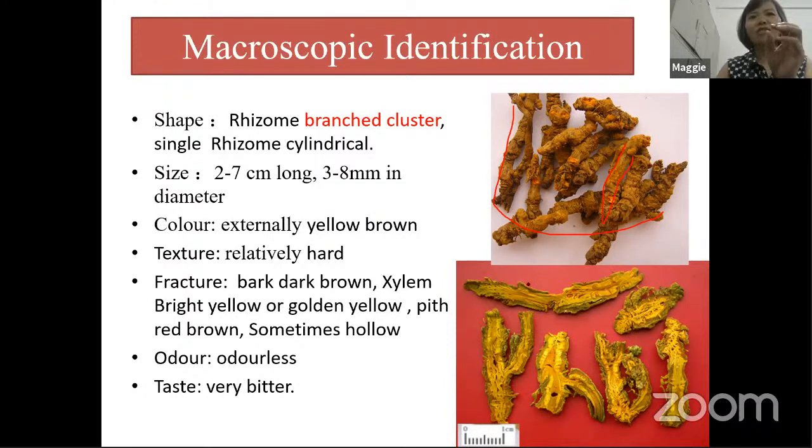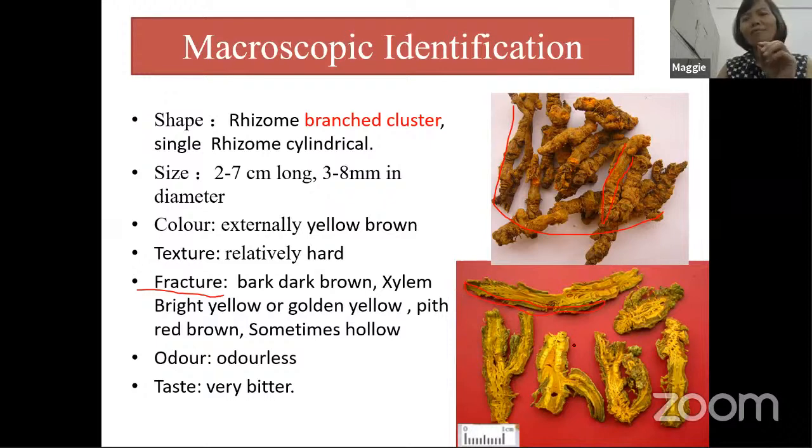And texture, relatively hard. So here, fracture. Bark, bark dark brown. Where is bark? So outer part, this part belongs bark. So these bark are dark brown.